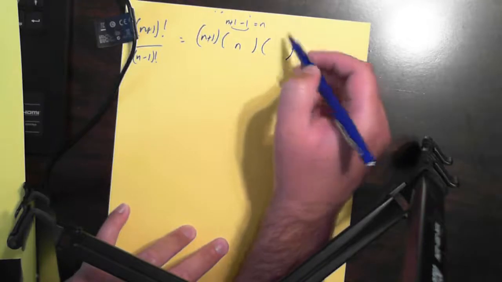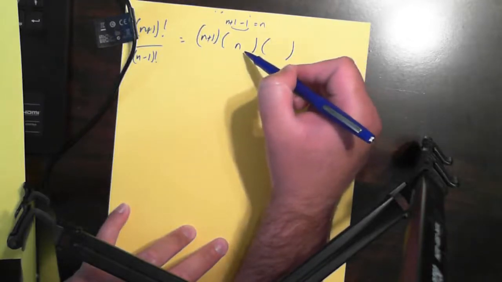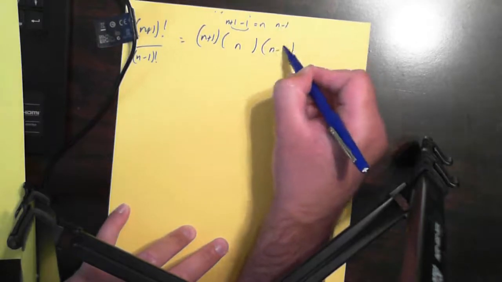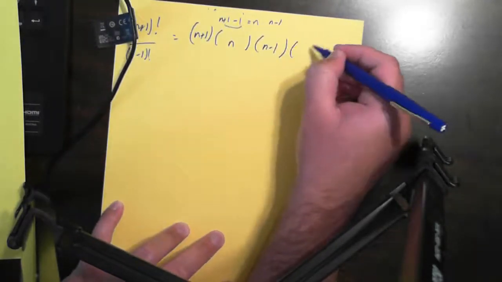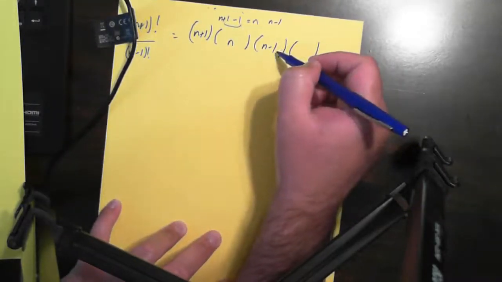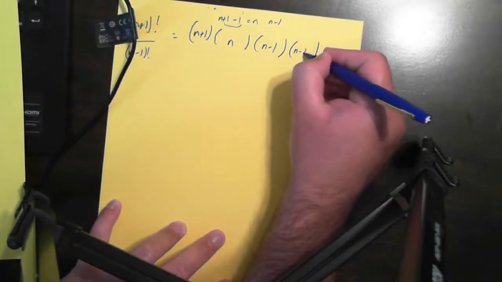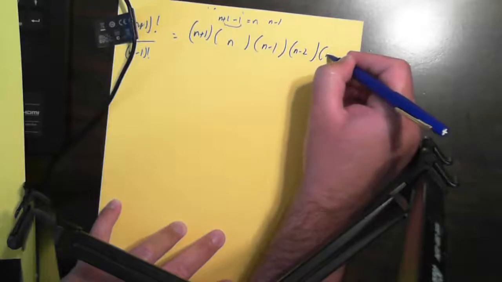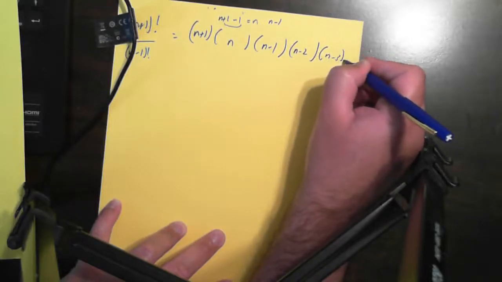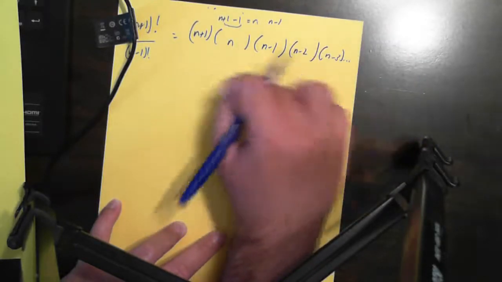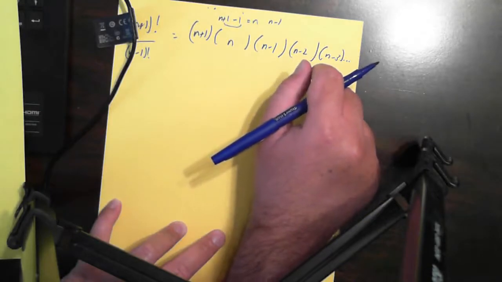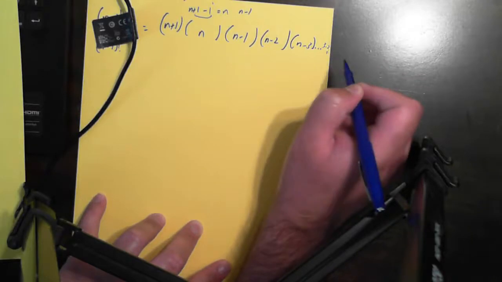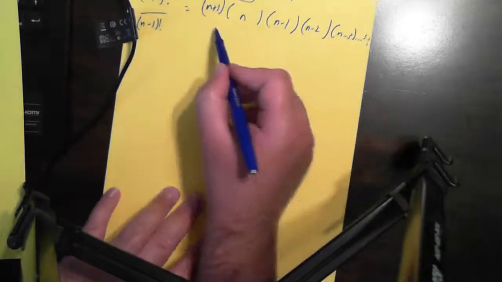Alright, the term after that would be 1 less than n, which is just n minus 1. The term after that is 1 less than n minus 1, which would be n minus 2. The term after that would be 1 less than n minus 2, which is n minus 3. And this is going to continue for as long as it needs to, right? We do know that eventually it'll just get to 3 times 2 times 1. Okay?